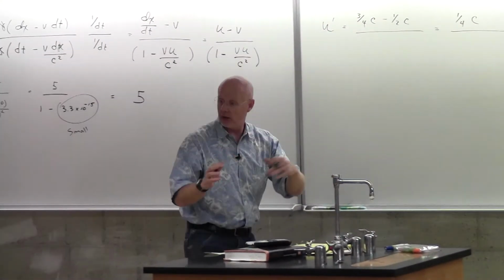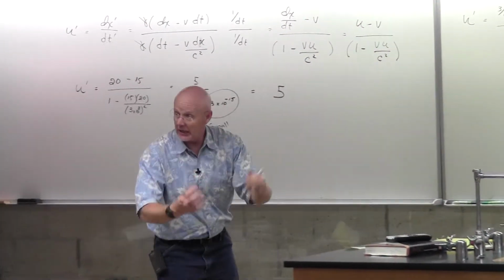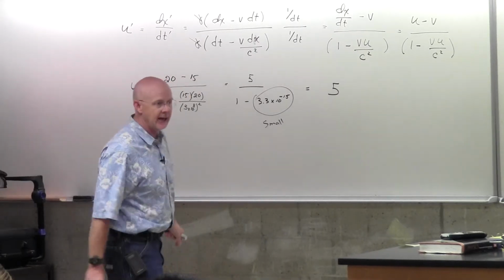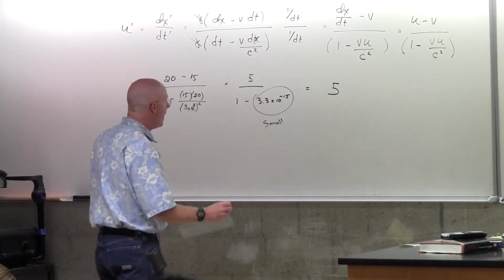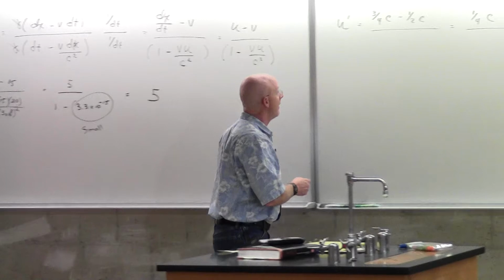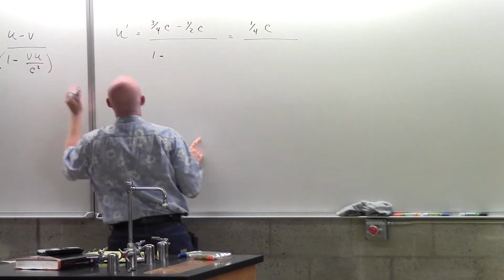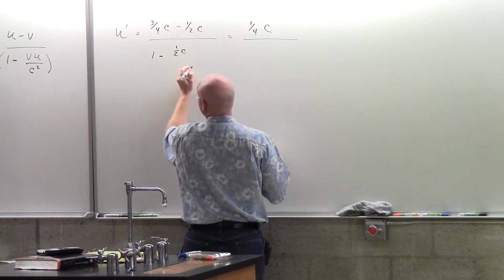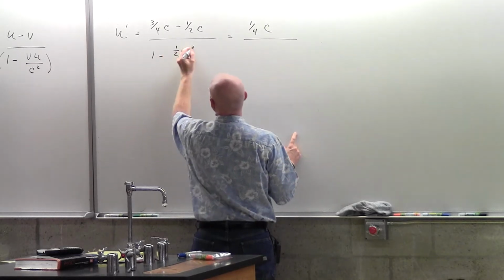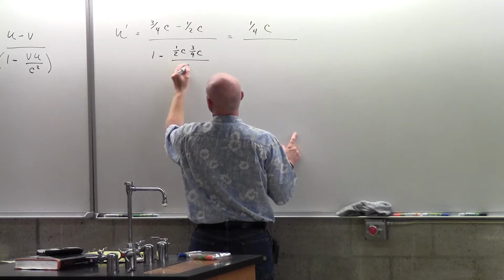That's what the numerator was doing, the old classical physics without the time dilation and length contraction. But when I put this in here, I get a 1 minus, and for my speed it is half the speed of light, and the bird's speed is 3/4 the speed of light.